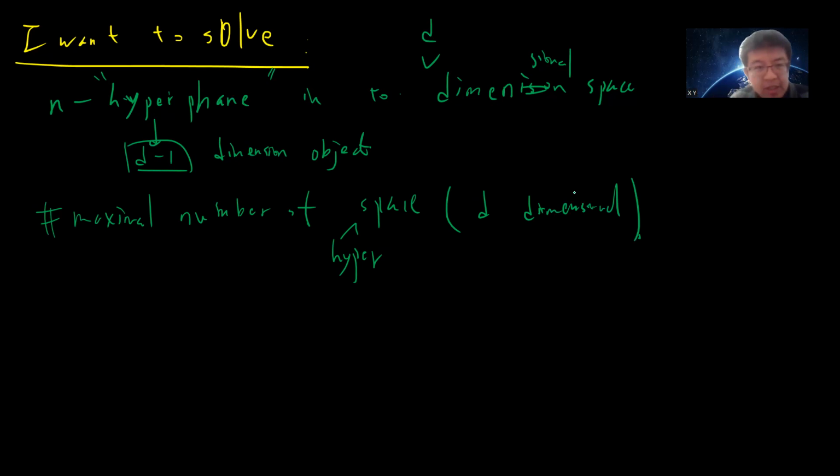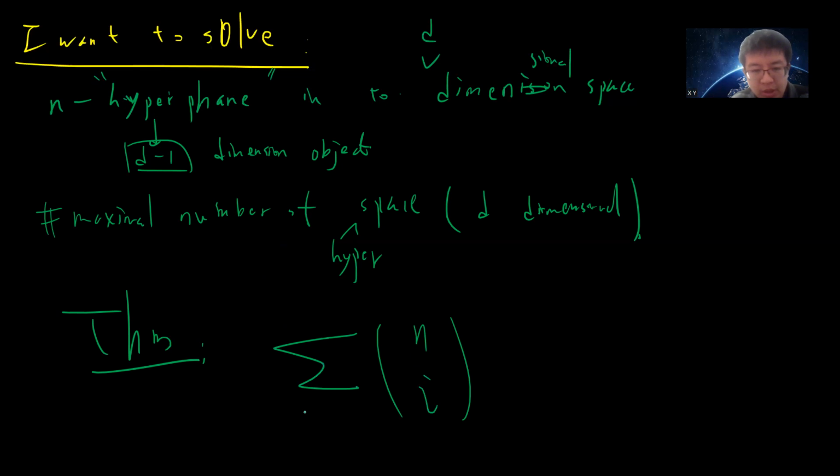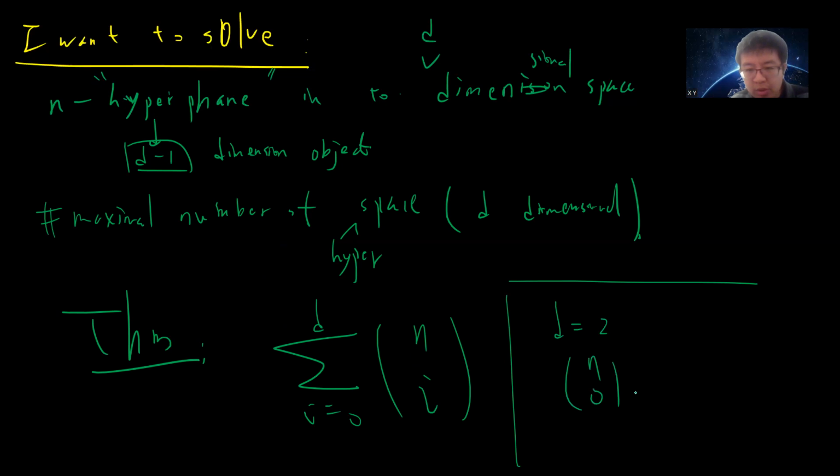And the theorem, which is very weird, but we can prove using mathematical induction, is the following: the summation of n choose i, from i equals 0 to d. So for the previous one, d equals 2, we get n choose 0, n choose 1, n choose 2.